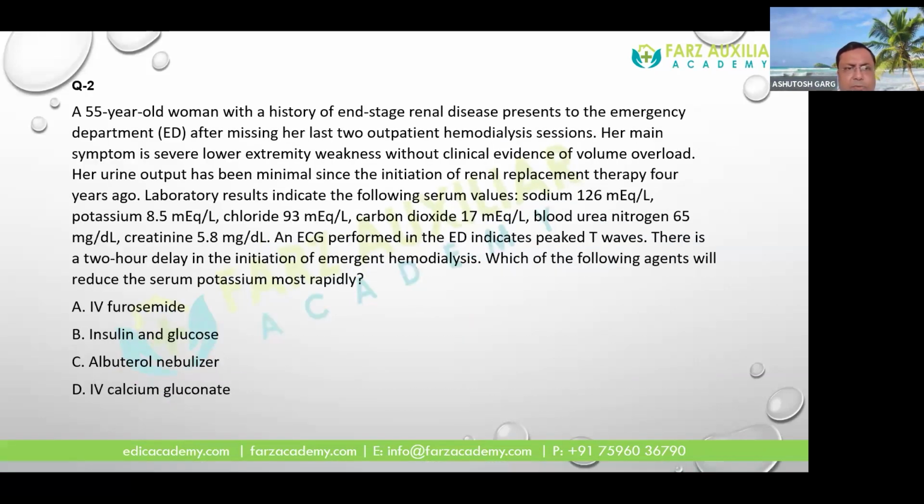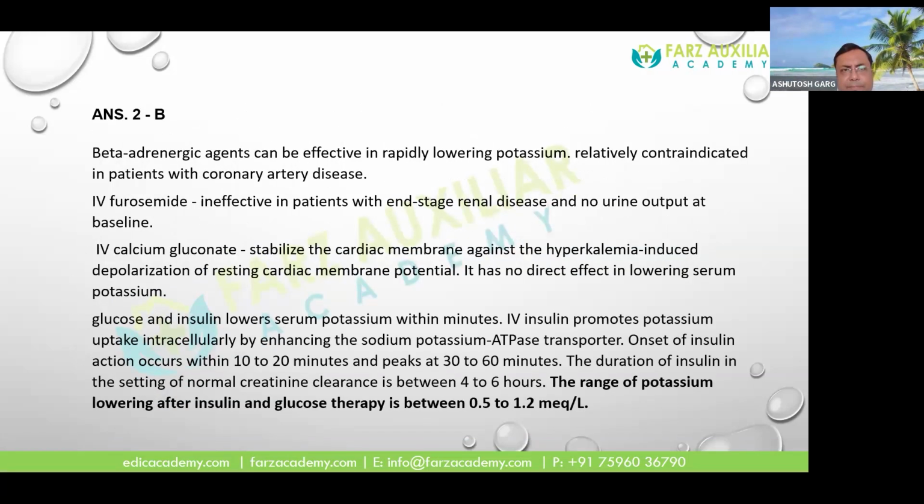Calcium gluconate is only a membrane stabilizer agent. It does not decrease the potassium concentration. It is just the membrane stabilizer, the antidote of the potassium. And insulin decreases the potassium by shifting it intracellularly. So that's why insulin and glucose is the very important thing to decrease the potassium level.